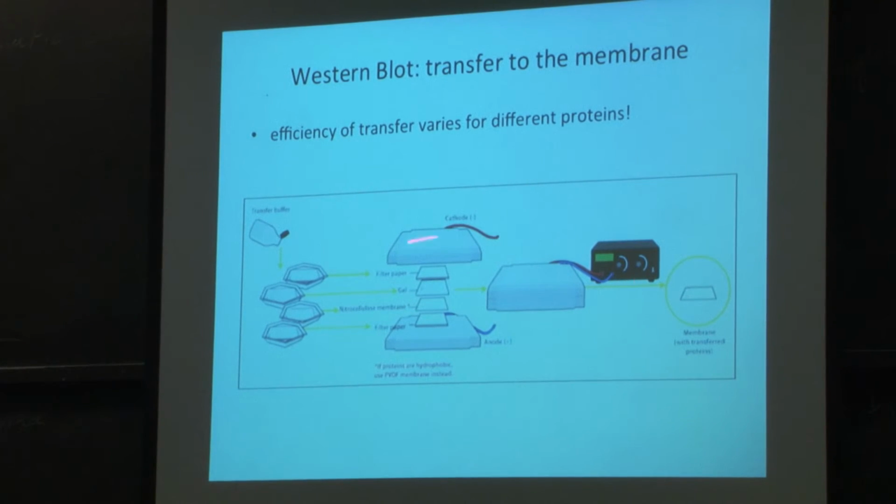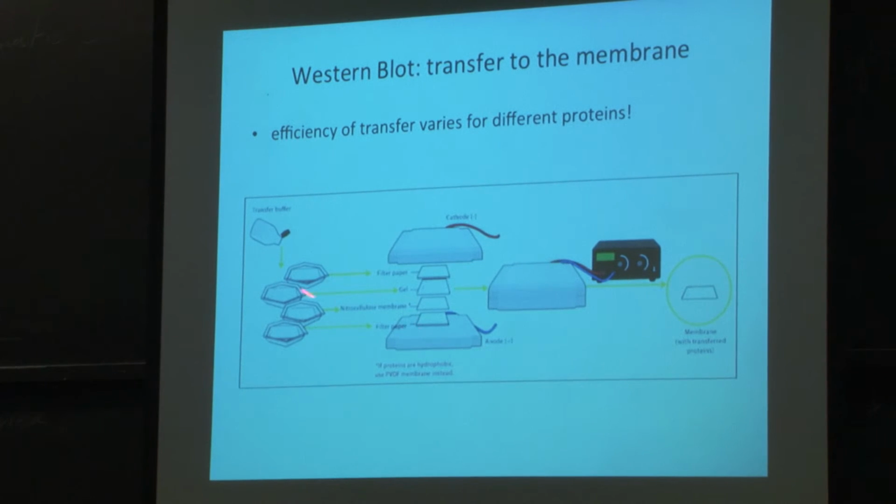Yeah, so you're transferring it based on applying a voltage across this system. So here's your gel, okay, and here's your membrane, nitrocellulose membrane, okay, and then they have filter paper above the gel and below the membrane.